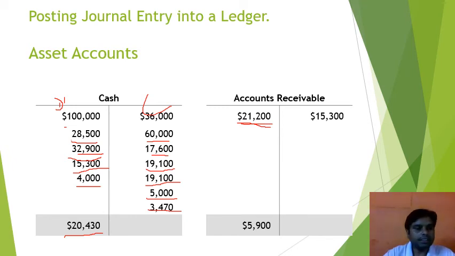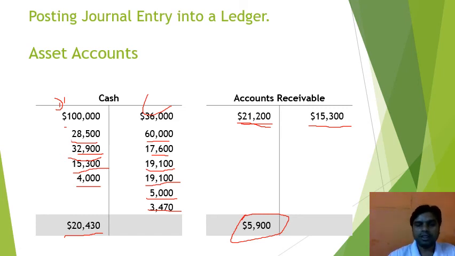On Jan 23, we received 15,300 from the 21,200, so we have written it on the credit side of accounts receivable. So at the month end, 5,900 is marked as accounts receivable. It means in the accounts receivable account we have 5,900, which we will receive in the coming month or in the future.